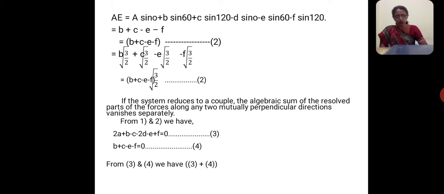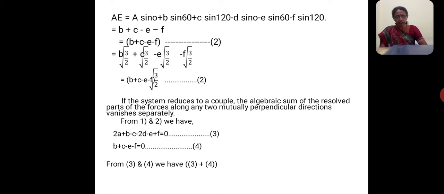That equals B into root 3 by 2 plus C into root 3 by 2 minus E into root 3 by 2 minus F into root 3 by 2. Root 3 by 2 is a common factor, leaving B plus C minus E minus F. This is equation number 2.